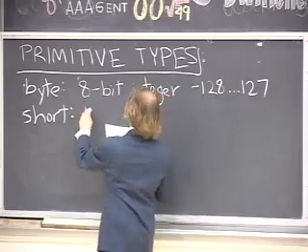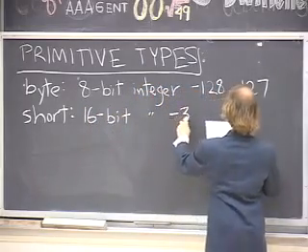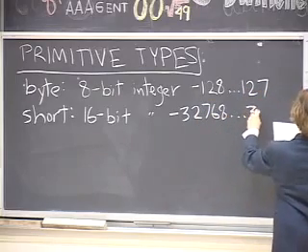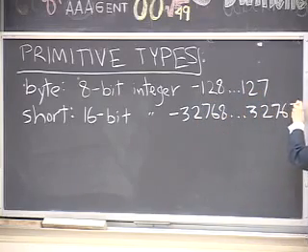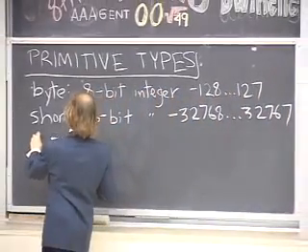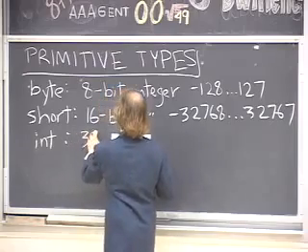So you have a short, a 16-bit integer, and these go from -32,768 to 32,767. A lot of people by habit declare most integers to be ints, and that's a 32-bit integer.